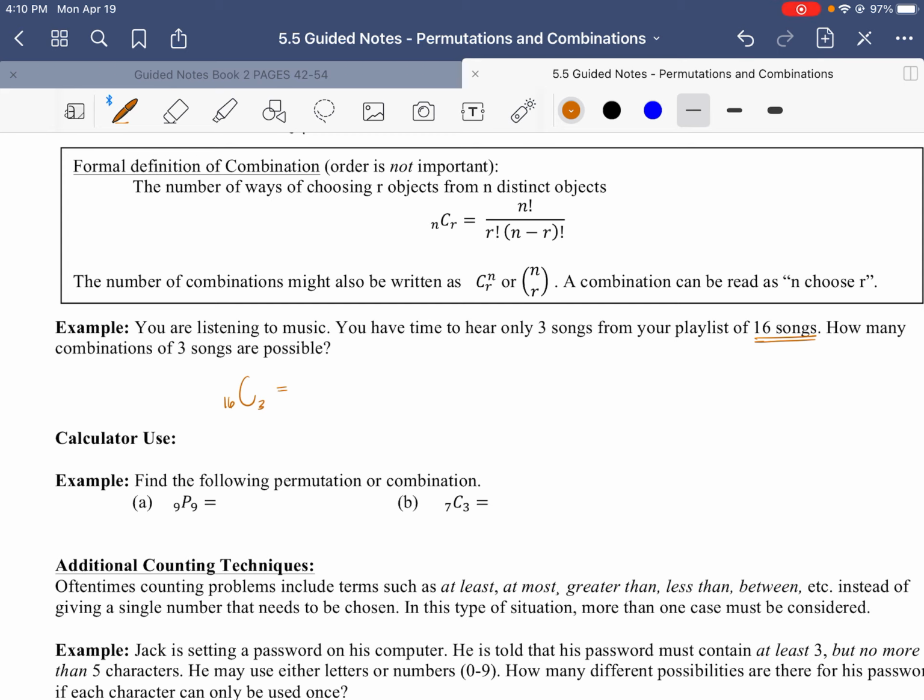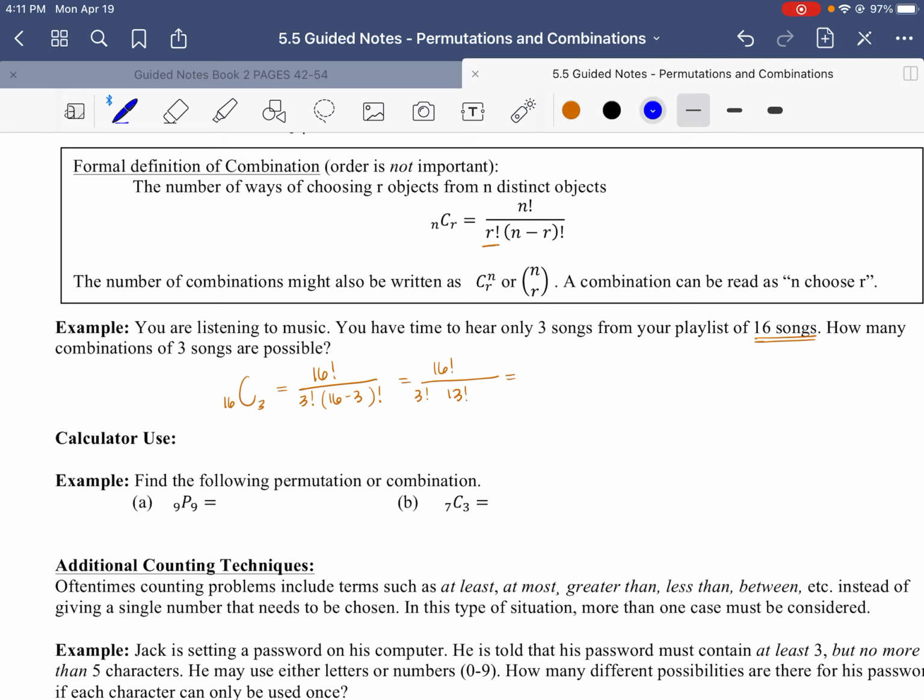So again, we go to our formula. Our formula says n factorial, so n is 16, so we put 16 factorial over r factorial, so that's 3 factorial times n minus r factorial, so 16 minus 3 factorial. In this case, we've got 16 factorial on top, 3 factorial here, and 16 minus 3 is 13 factorial.